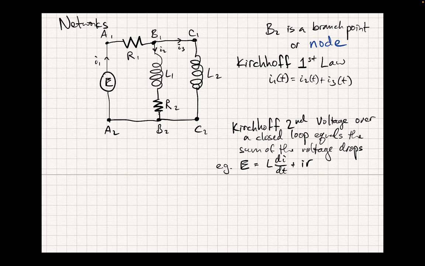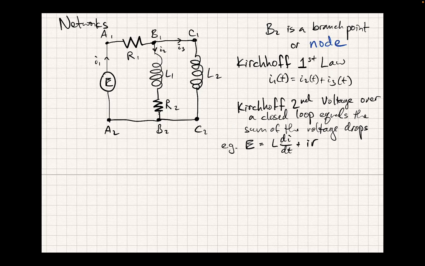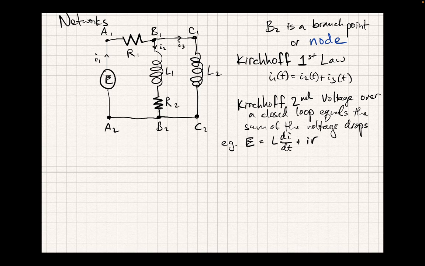Right. And then we can also use Kirchhoff's second law here. What would that look like? I'm going to use some of my discrete math notation, and I'm going to label this loop A1, B1, B2, A2.